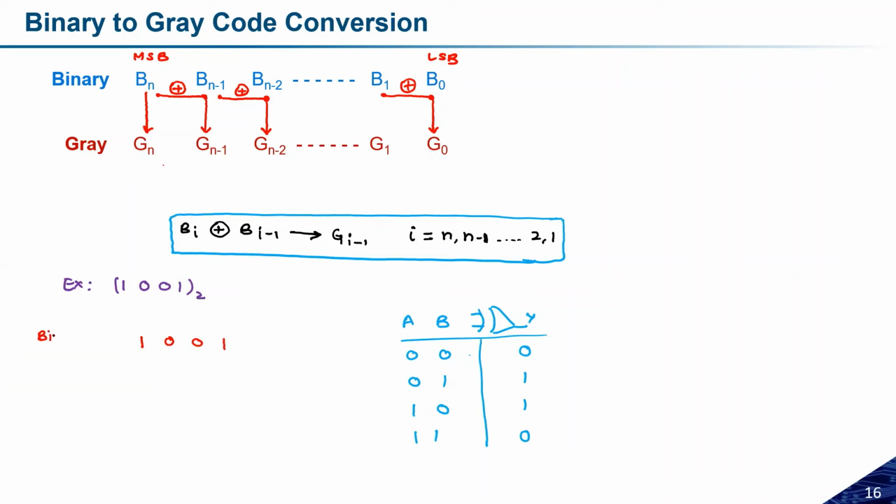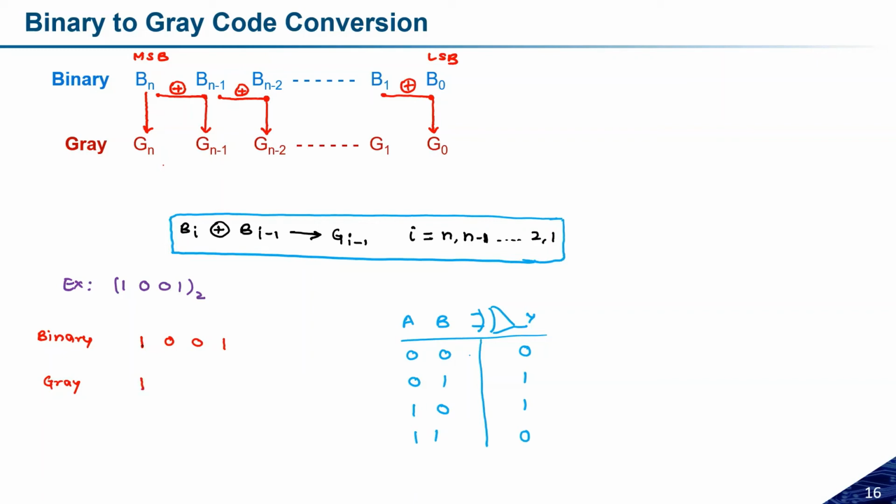Sir, 1101. 1101, perfect, that is absolutely correct. So let us see how it is 1101. The most significant bit will be as it is, just like in binary, so 1.